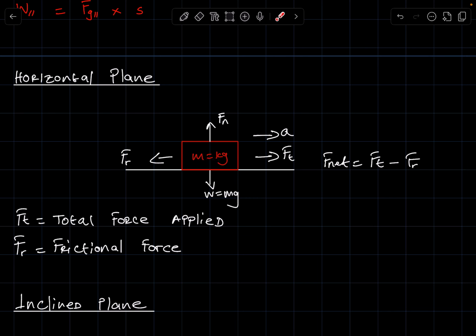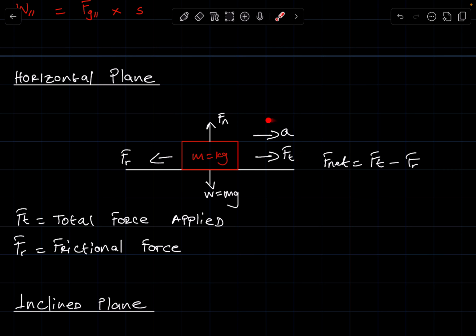Now, as far as the horizontal plane, say you have a total force applied. The total force is applied in this direction, so headed in that direction. Now, if the total force being applied, Ft, is able to overcome friction, the object will then accelerate in the direction of the applied force.